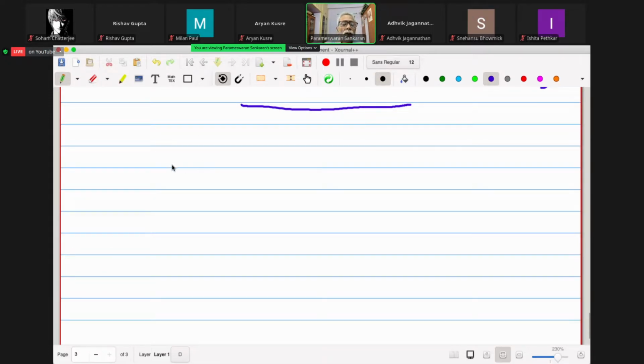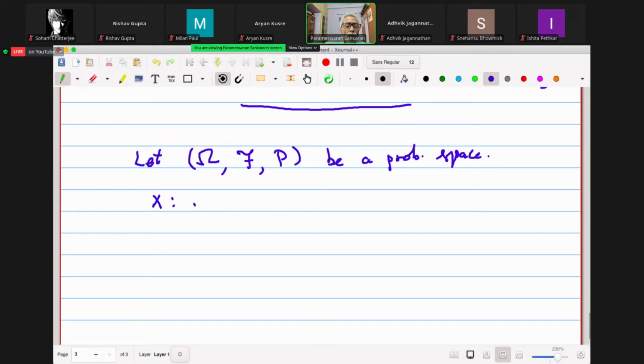Recall now, let (Omega, F, P) be a probability space and X from Omega to the real numbers a random variable.